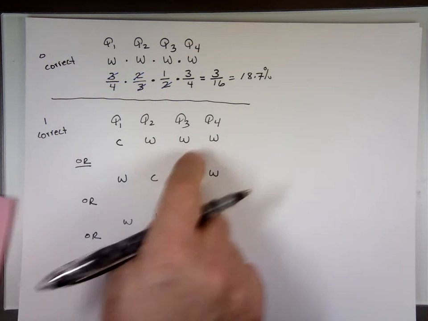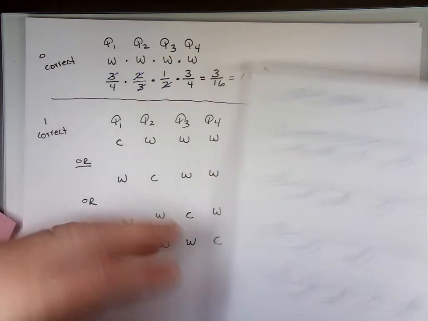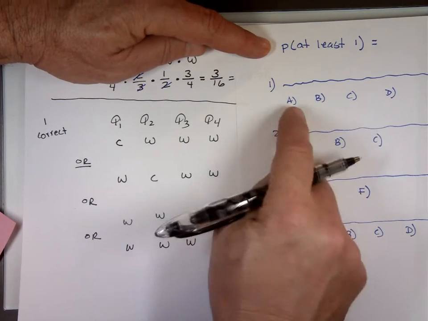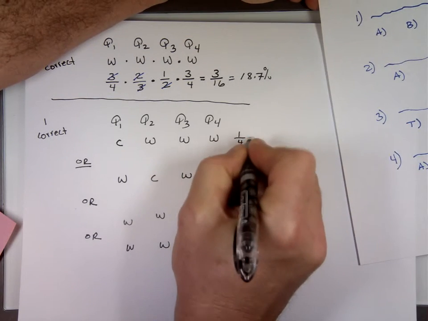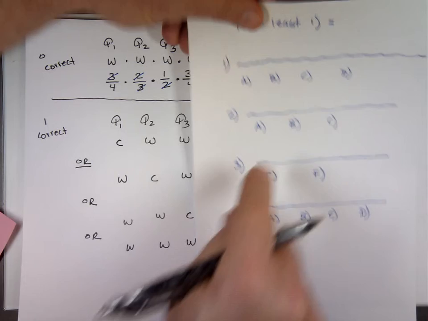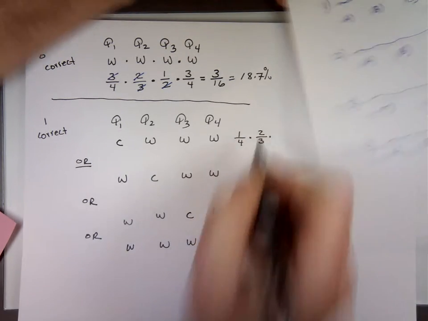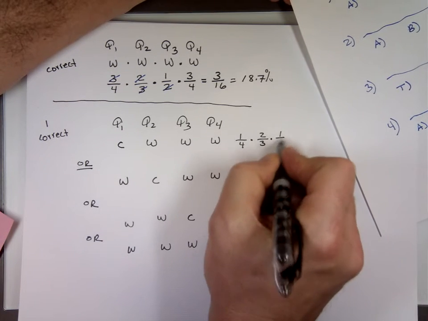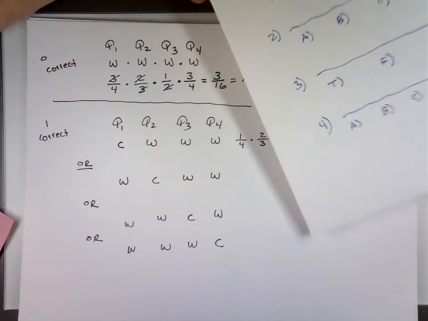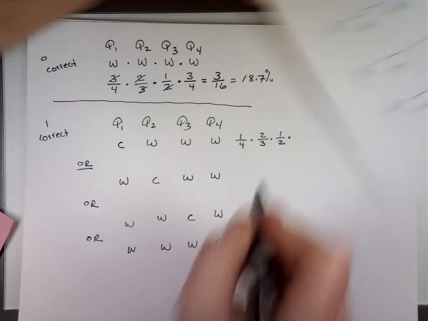Well, let's look at that. For the first question to be correct, there's the test here. 1 out of 4 for the first one. The second one wrong, 2 out of 3. The third one wrong, 1 choice out of 2 is wrong. And the last one to get wrong there's 3 of them out of how many? 4.